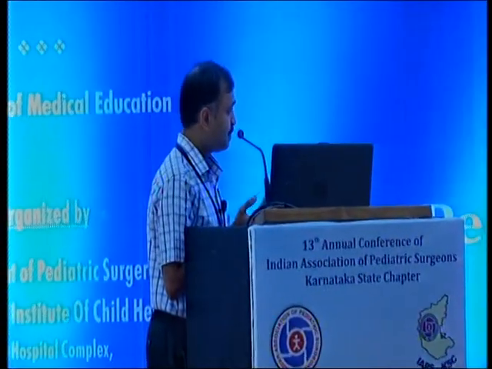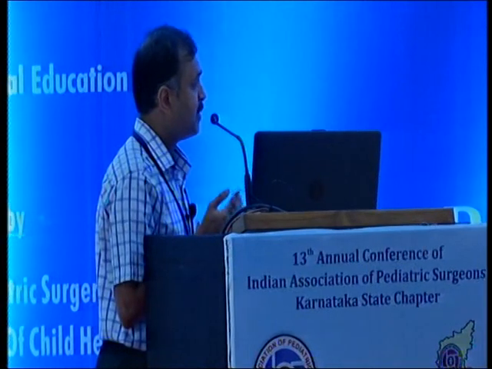Exactly. Now the newer things regarding packed cell transfusion for premature infants: a lot of studies have looked at premature infants having a hemoglobin of less than 6 grams per deciliter, who are clinically symptomatic, with either hypotension or tachycardia.